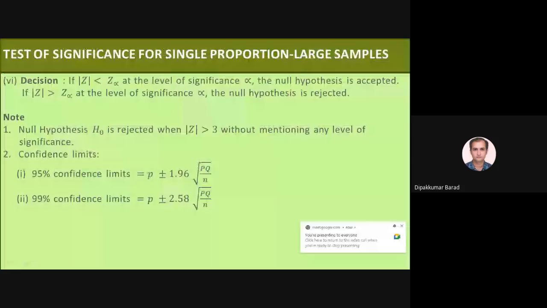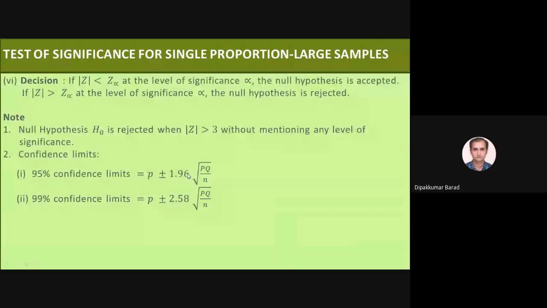Am I audible? Hello? Okay. So it might be possible that sometimes capital P and capital Q are not given. Then to find the confidence limit for 95%, you can use small p and small q. Whenever capital P and Q are given in the example and you are asked to find the confidence limit up to 95%, then you have to use small p and small q.